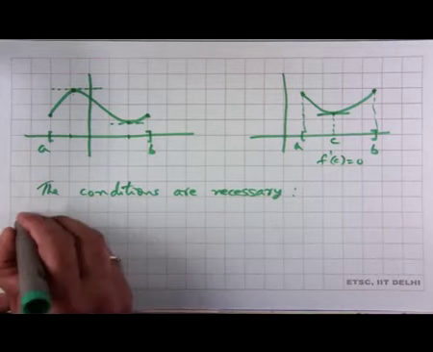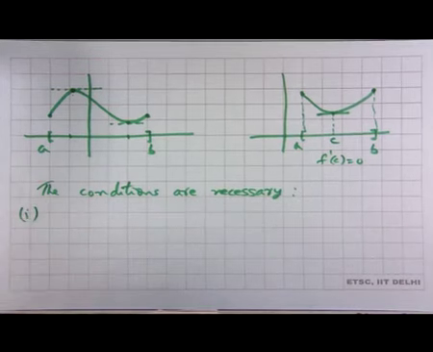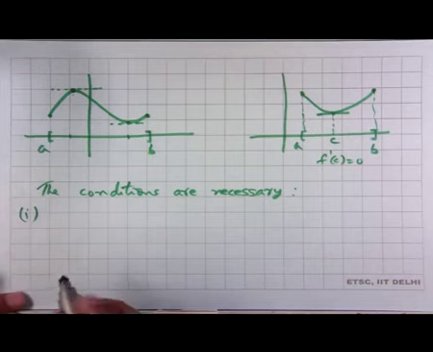So, first, we said that the function must be continuous on the closed interval.